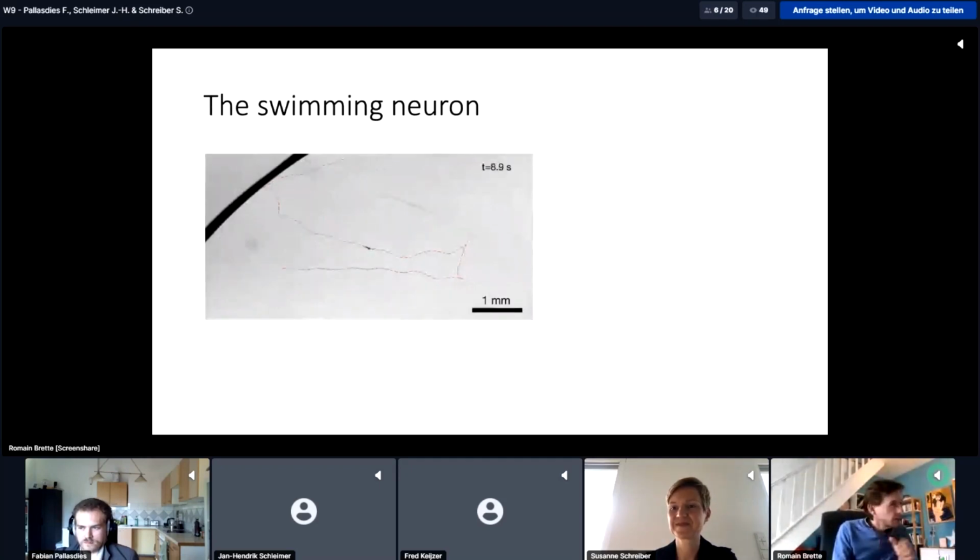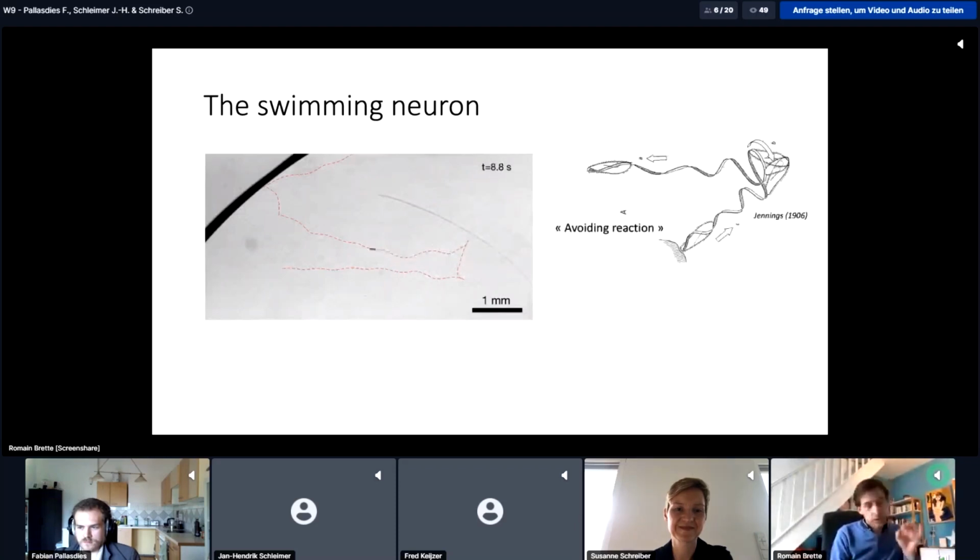It changes direction either spontaneously or when there's a stimulus like an obstacle, a mechanical stimulus, as you can see here. And if you look a little more closely, you can see that it's not just a change in direction. It actually swims backward for a second or a few hundred milliseconds, then turns and swims forward again.